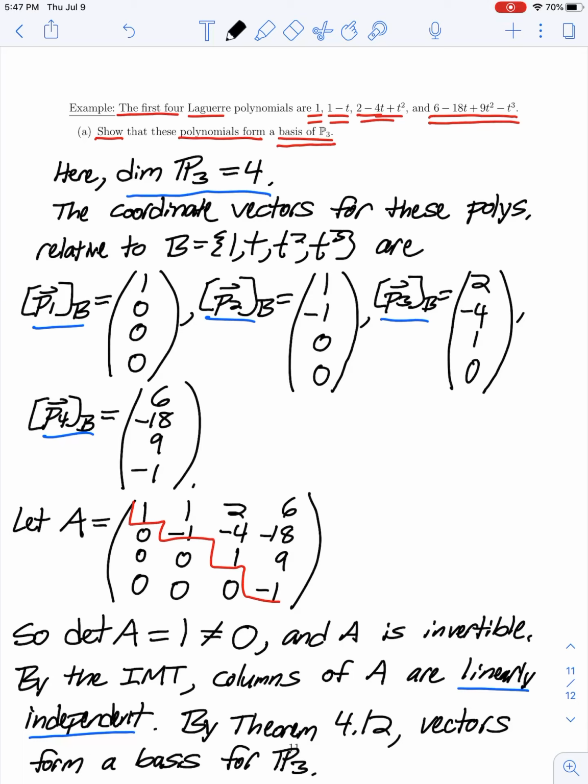All right. So again, this example illustrates that if we're working with a somewhat unfamiliar vector space like a space of polynomials, we can use the coordinate mapping to think about those polynomials as vectors in Rn, in this case R4, and once we've shown that those vectors form a basis, the corresponding vectors in P3 must also form a basis.